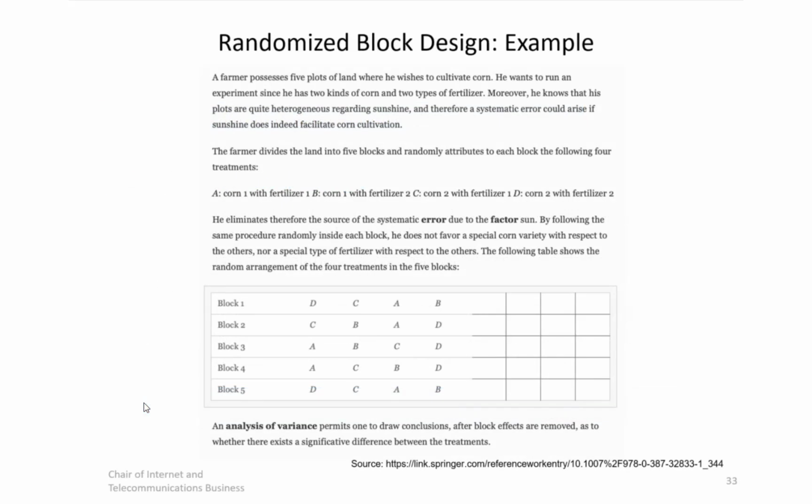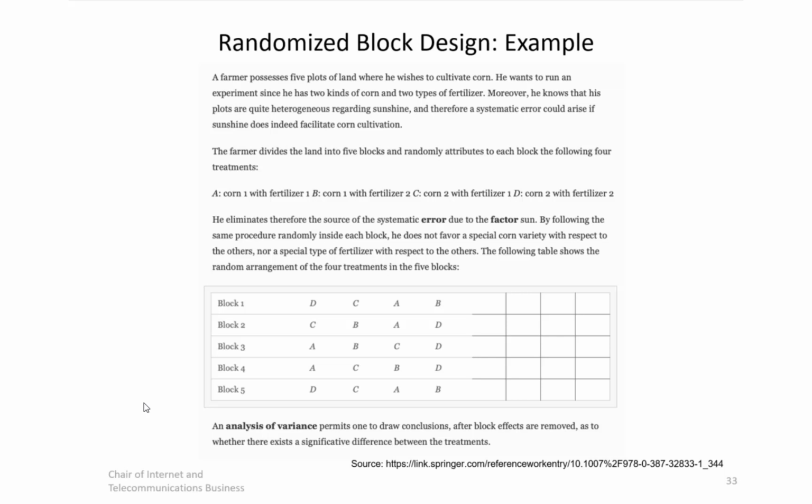Okay, so this is a good example here. Basically it's saying that if there's a farmer who has different plots of land and wants to understand how corn and fertilizer interact with each other, but he has 5 plots of land, it's not clear how he can devise an experiment. What the farmer can do is divide the blocks.